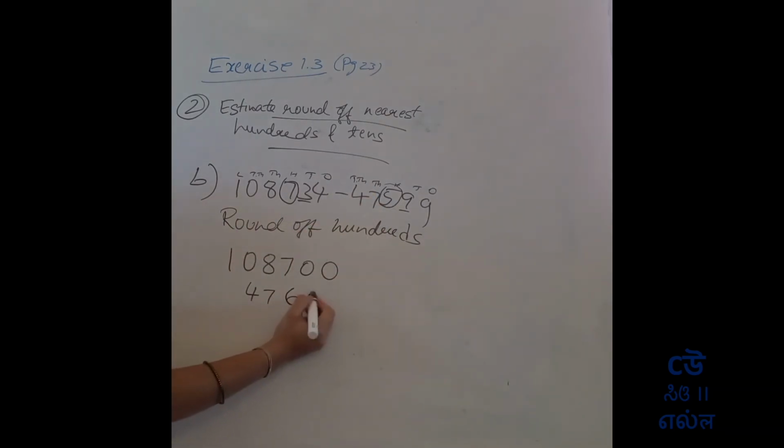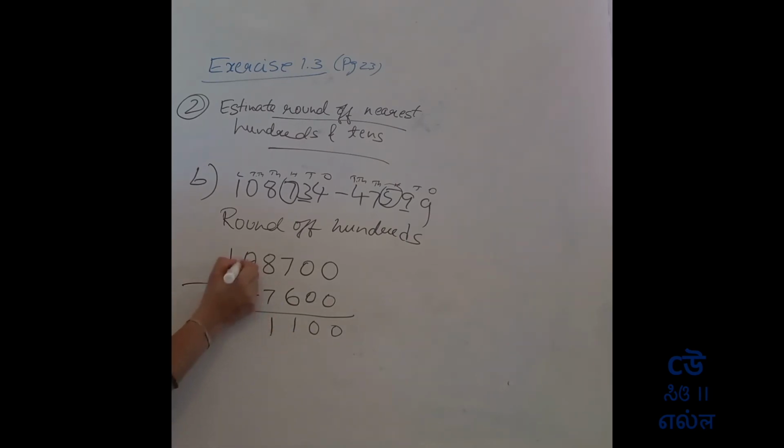So 6, 0, 0. Okay, now if you subtract, 0, 0, 6 minus 7, 1, 1, 10 minus 4, 6.